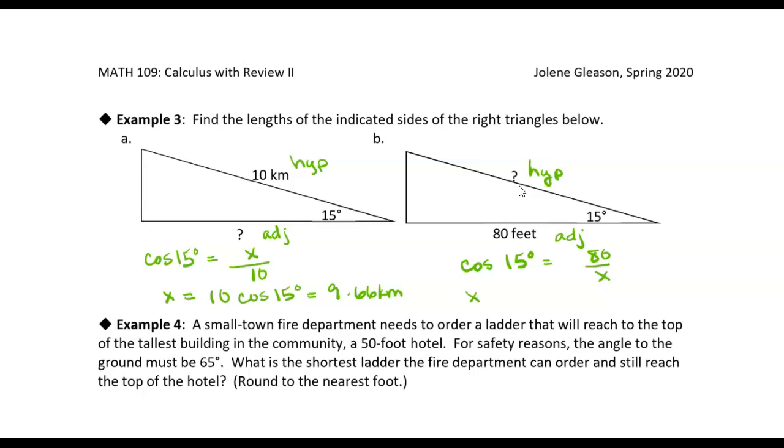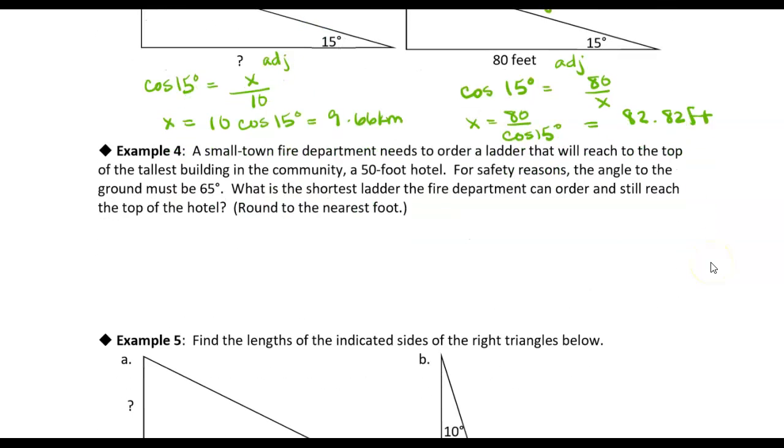So in this case, we're going to get x is equal to 80 over the cosine of 15 degrees. And when we put that in our calculator, you'll get 82.82 feet.